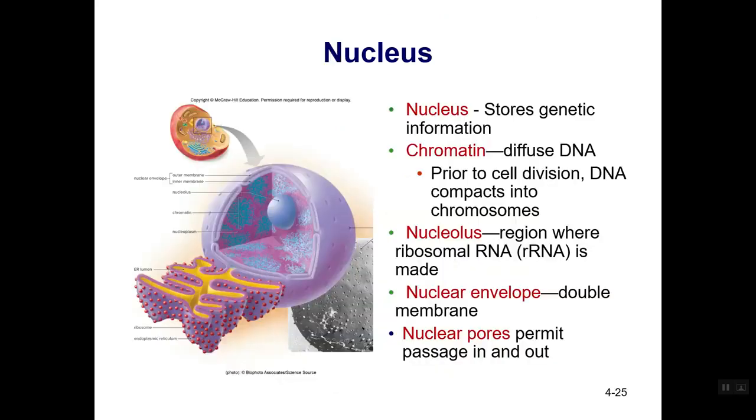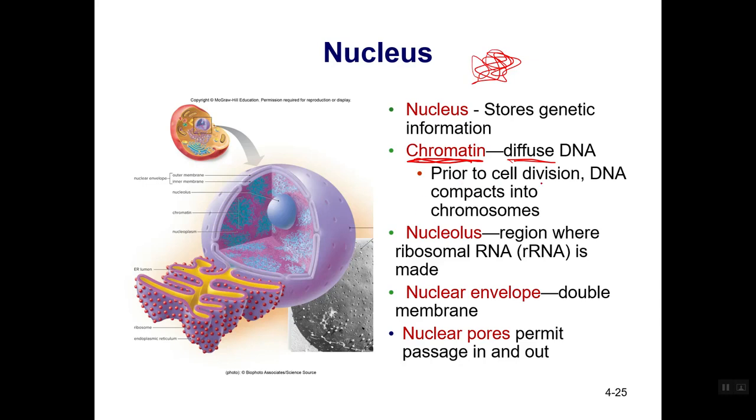Okay, the nucleus. The nucleus stores genetic information. And again, we said that's DNA. DNA is called chromatin when it's diffuse. Diffuse means very loosely coiled. Right? So it kind of looks like spaghetti in the nucleus.